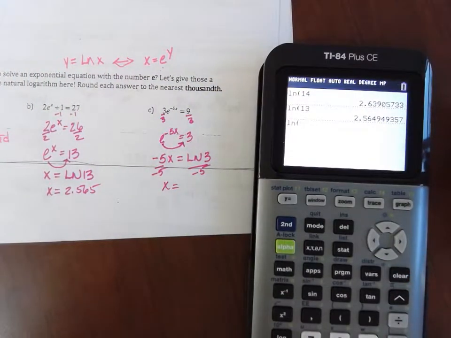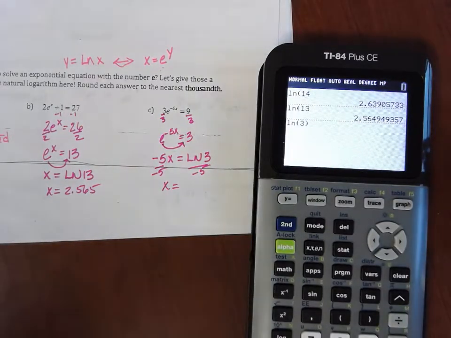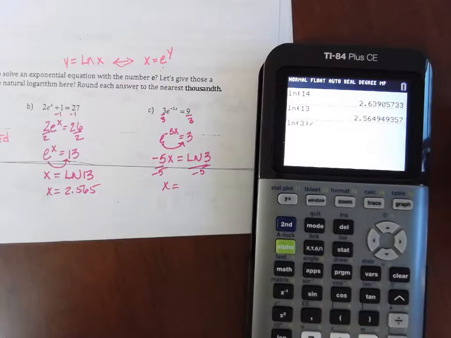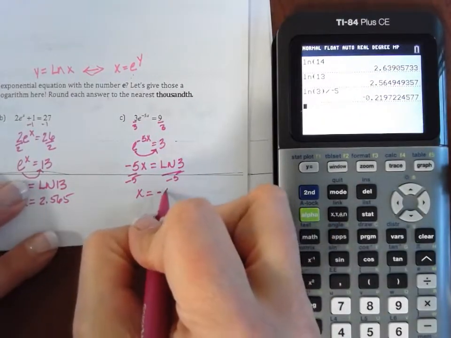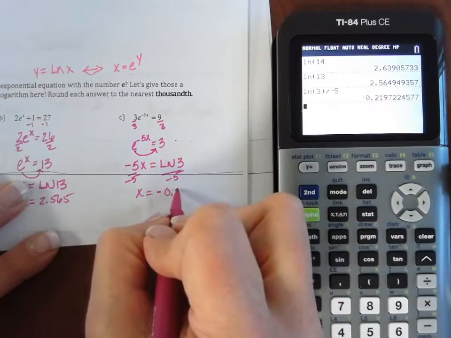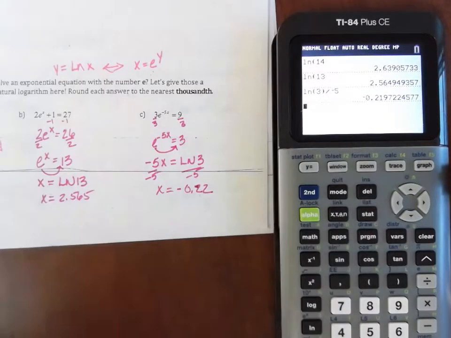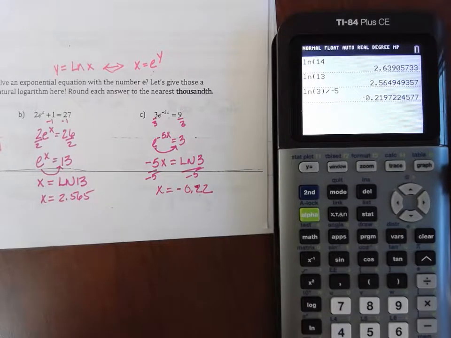So the ln of 3, I'm going to close that off, divided by negative 5 gives me a negative 0.22 when rounded. Good?